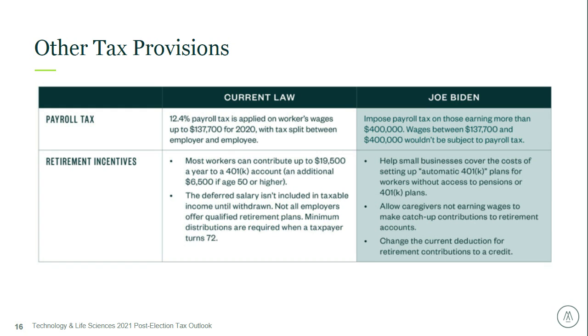What he's proposed to do is once the payroll earnings reach $137,700 or whatever that will be, because it's adjusted for inflation, to cap it there. But once you reach $400,000, then it comes back into place. So there's really kind of a donut hole there where there's no taxability, but once it reaches a certain income level, it kicks back in. So need to be aware of that from both an employer and an employee perspective.